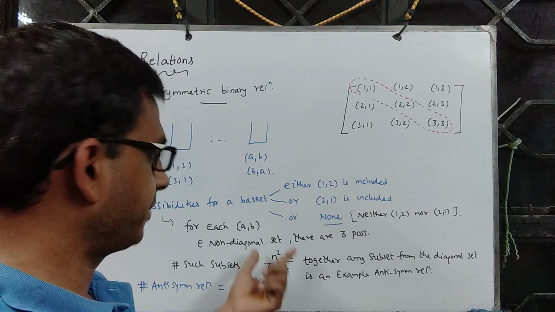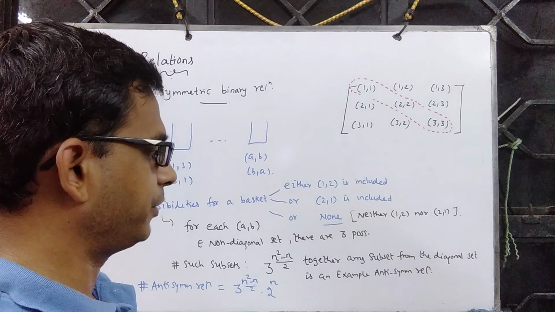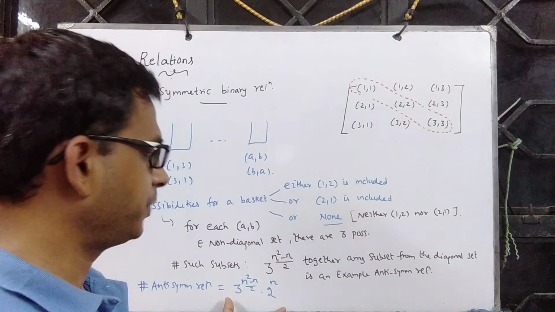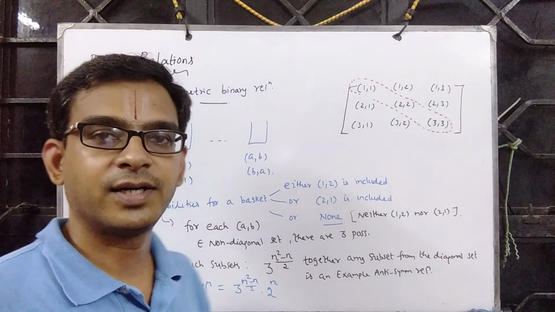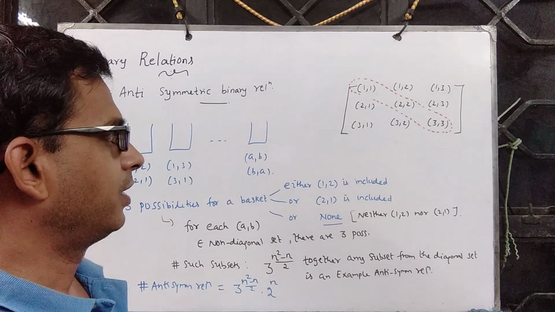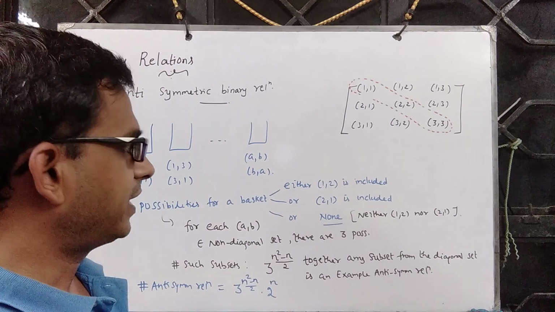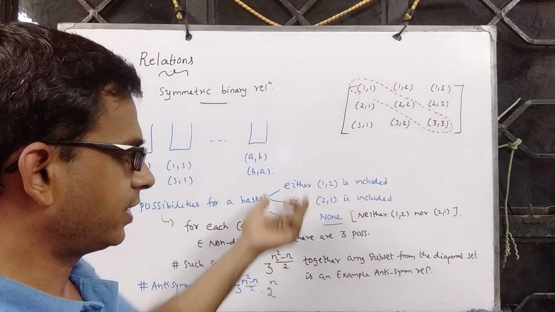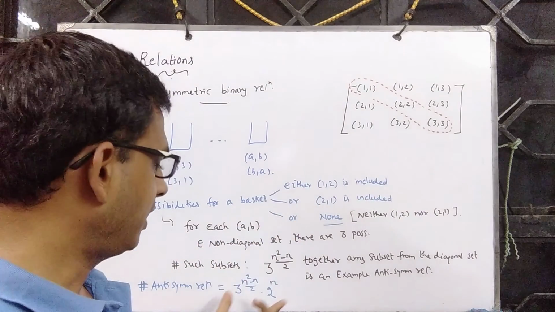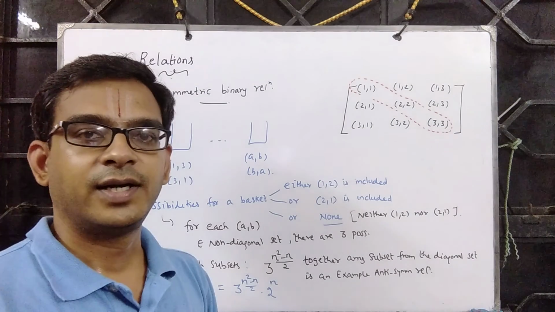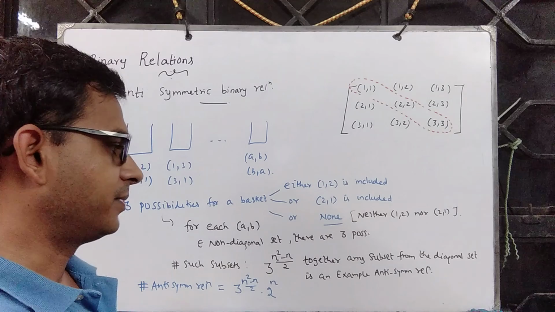It is 3 power (n² − n)/2. Along with that, choose any subset. So you get this many antisymmetric binary relations. Very interesting part. One can actually list them, and in general the count will tell you that this many antisymmetric relations are there.